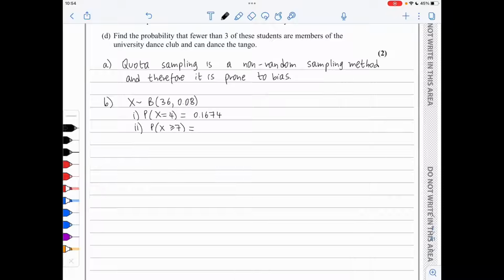In order for me to use the calculator, I need to turn it into a less than or equal to probability. So this is 1 minus the probability of x less than or equal to 6, which is 1 minus 0.97766, which turns out to be 0.0222.